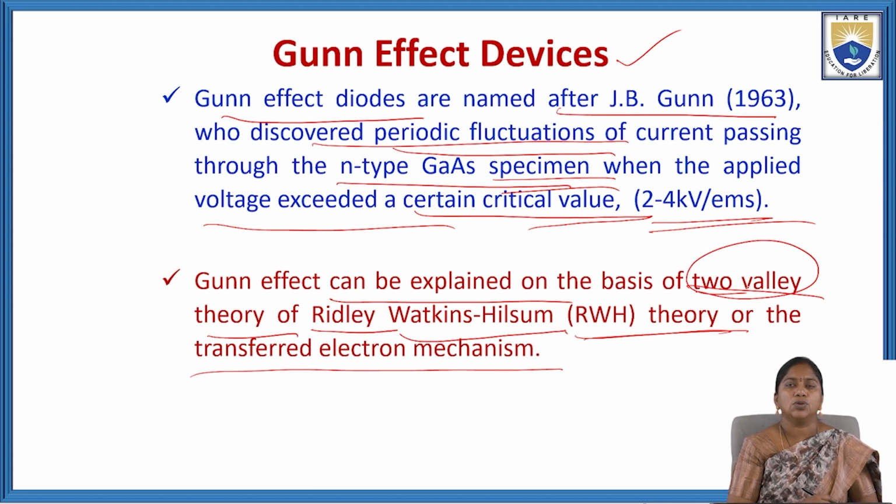Two-valley theory means lower valley and upper valley, that is called L valley and U valley.